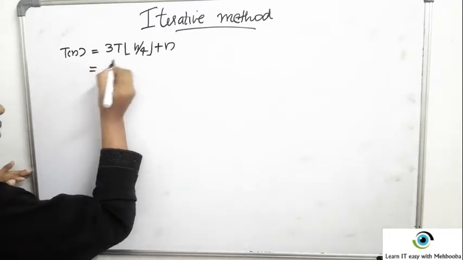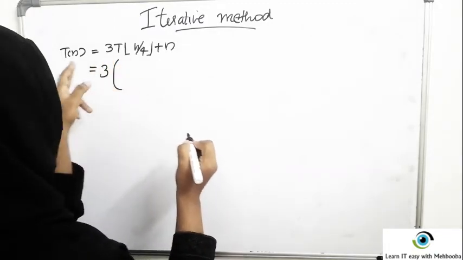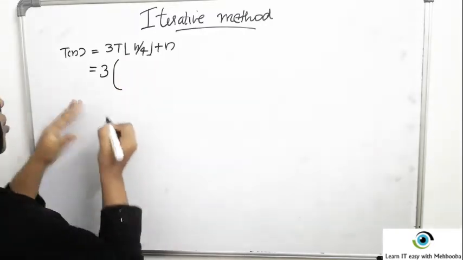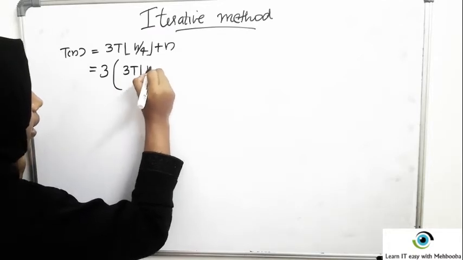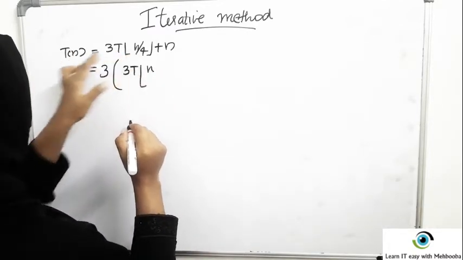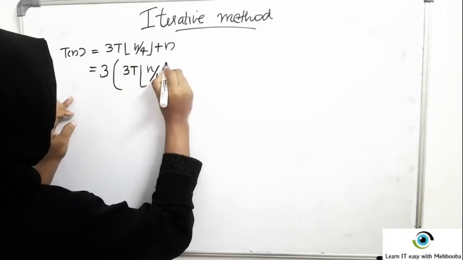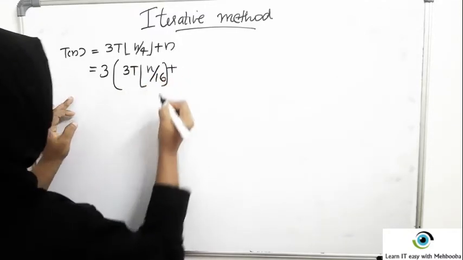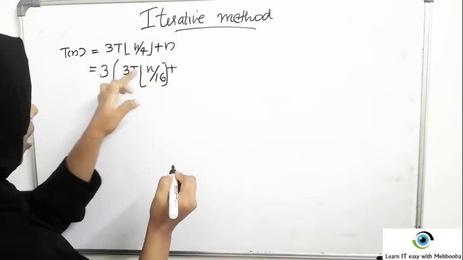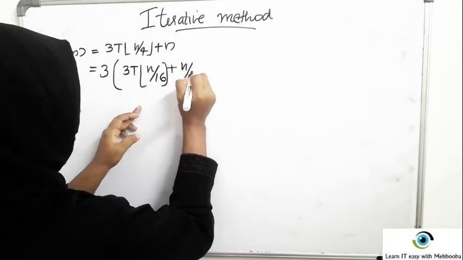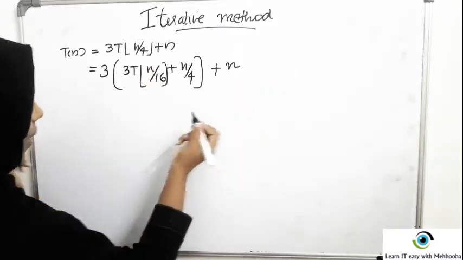As usual, you have to unroll this. So I am taking 3 out. T of n is 3T of n by 4 plus n. So when it is n by 4, that will be n by 16, and the n is copied as it is.